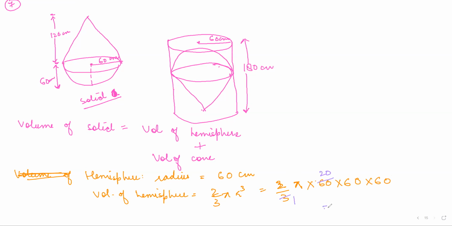Now you can multiply this 30, and then there's a pi. 6 into 6 is 36 and 2 into 2 is 4. So how much is 36 into 4? 4 into 6, 4, carry 2, 144. So 144 pi centimeter cube, of course, right?